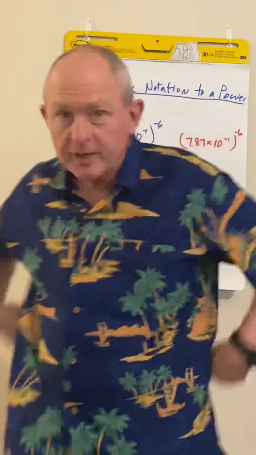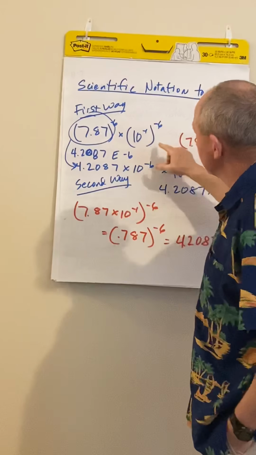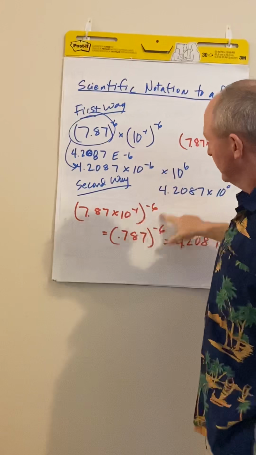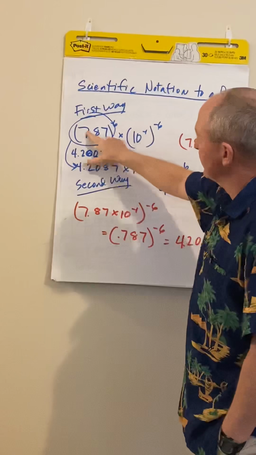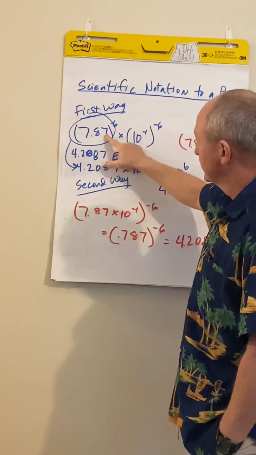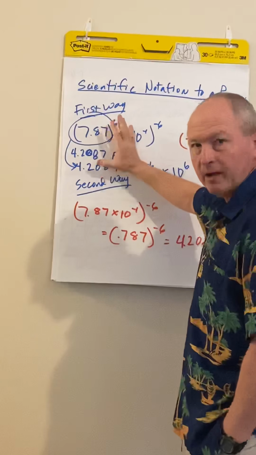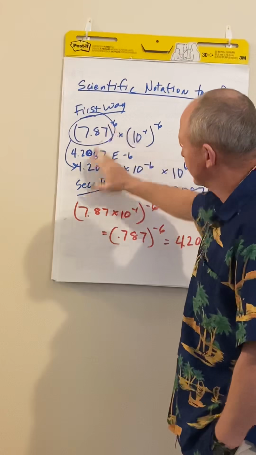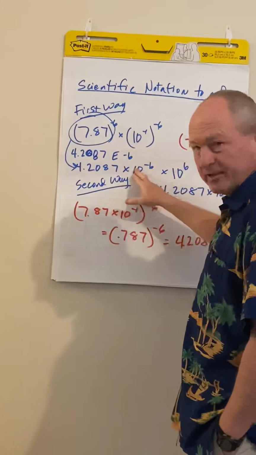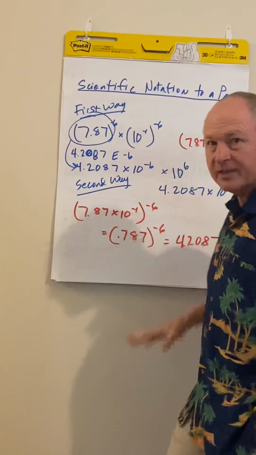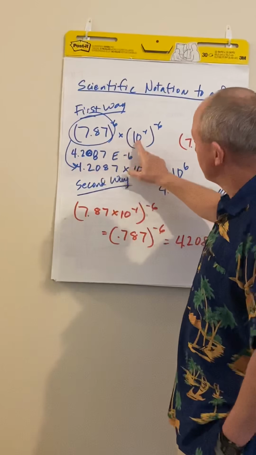All right, so what I wanted you to get out of this example is that when you do the power of a scientific notation number, generally you do the power of the decimal number, times, and then you multiply the exponents for the power of 10. Now this one came out strange because it was to the -6th, and the calculator couldn't do that. Had to do it as scientific. That's why it came out strange like that.